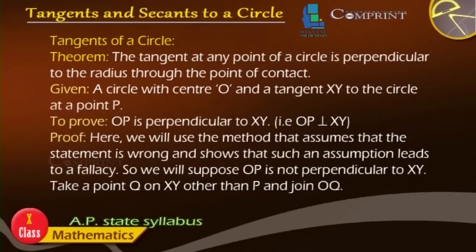Proof. Here, we will use the method that assumes that the statement is wrong and shows that such an assumption leads to a fallacy. So, we will suppose OP is not perpendicular to XY. Take a point Q on XY other than P and join OQ.